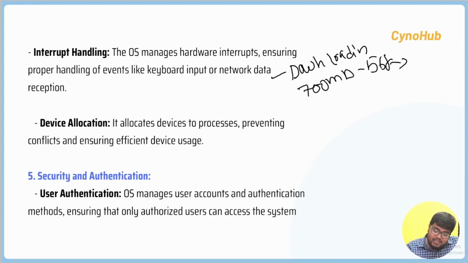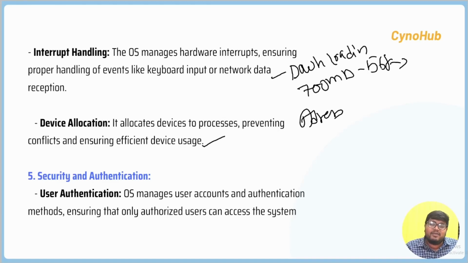Now device allocation. Suppose you are storing a file in local disk C, local disk D, local disk F; you are providing some addresses for a file. Device allocation means you have to allocate some device. If you are typing and running a program, it is allocated in the device called RAM. If you are storing the program, it is allocated in the device called hard disk.